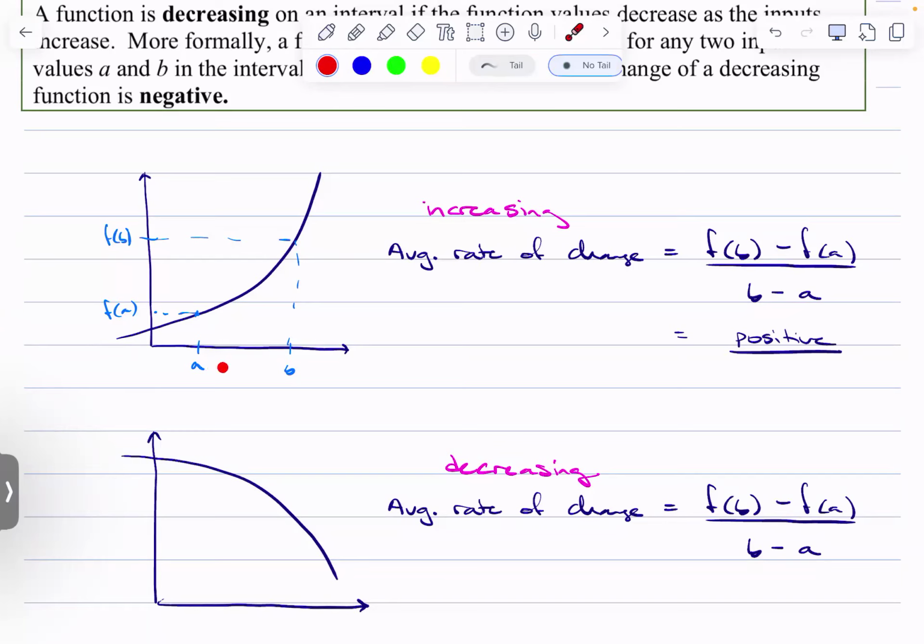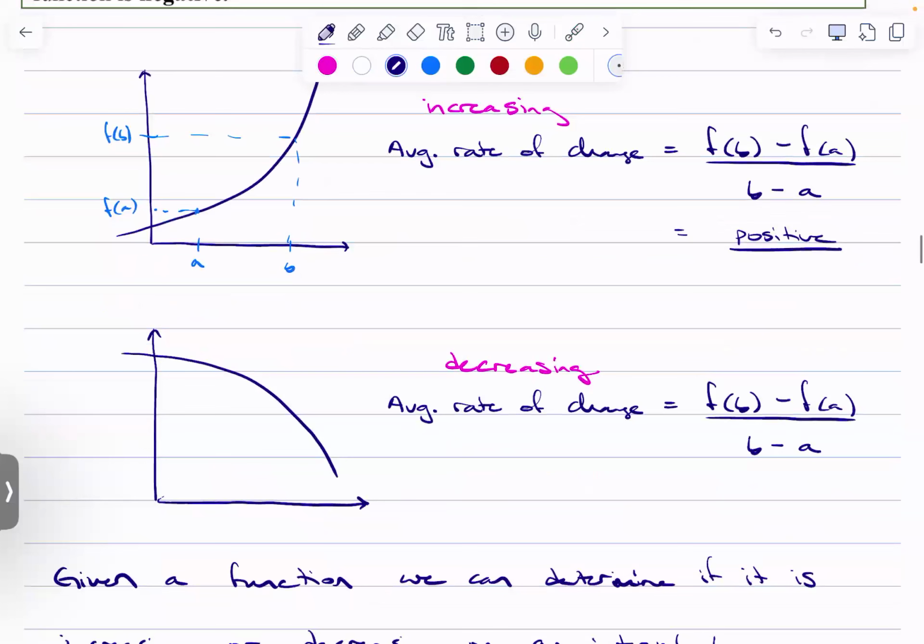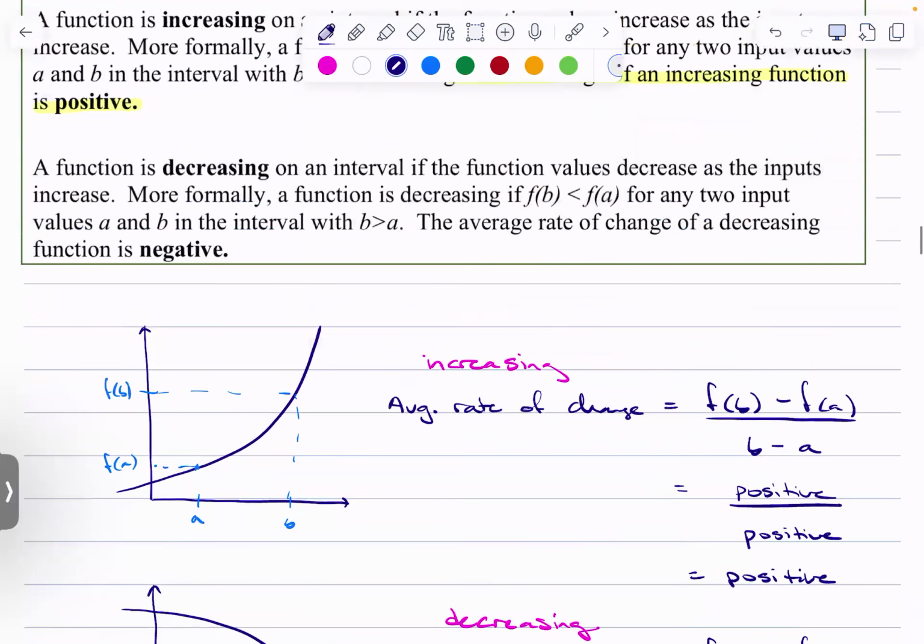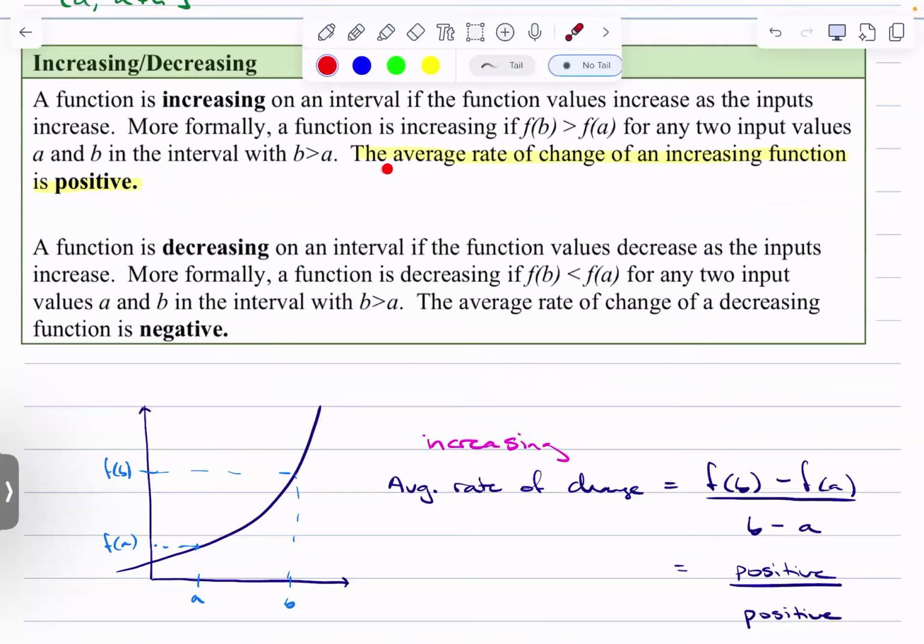And if this is what an increasing function looks like, then b minus a is also going to be positive. And a positive over a positive is a positive number. And that's where we get this from, right? The average rate of change is going to be positive.